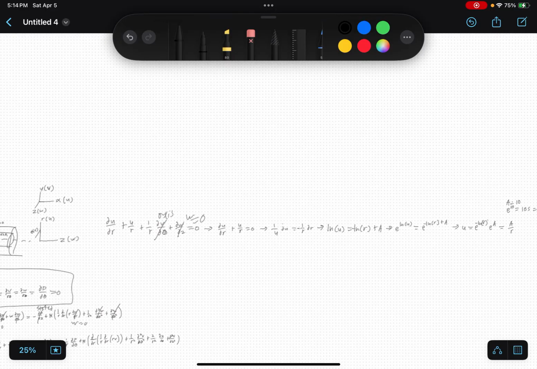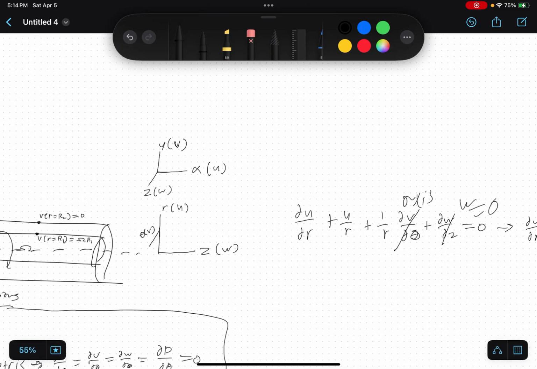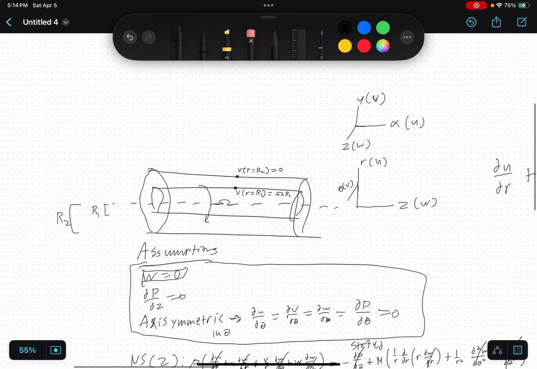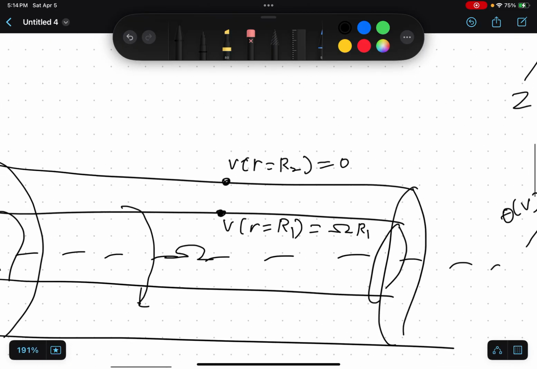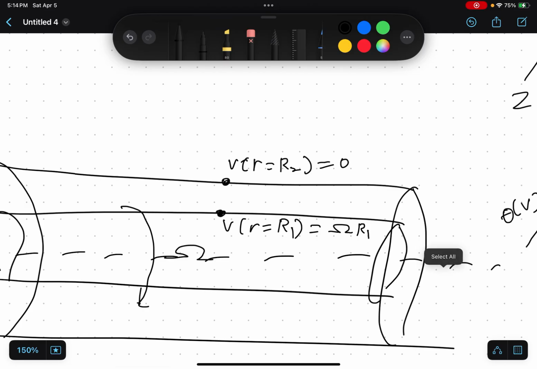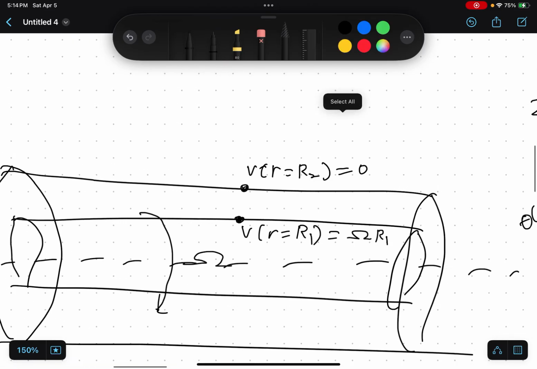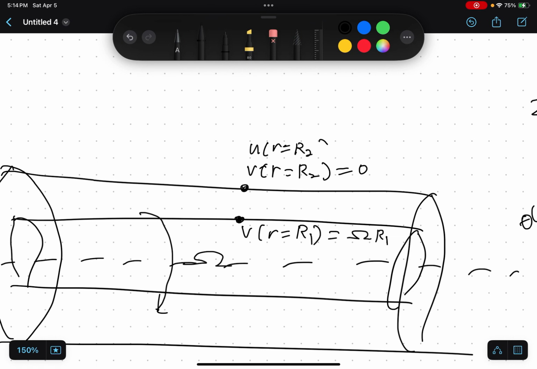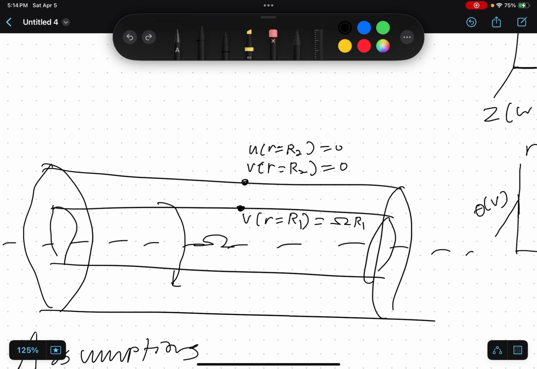What do we know about u? u was the radial direction, and there's no penetration at either of these two points. So u at r equals R2 equals 0, because it can't go through the wall. And same down here, u at r equals R1 equals 0.